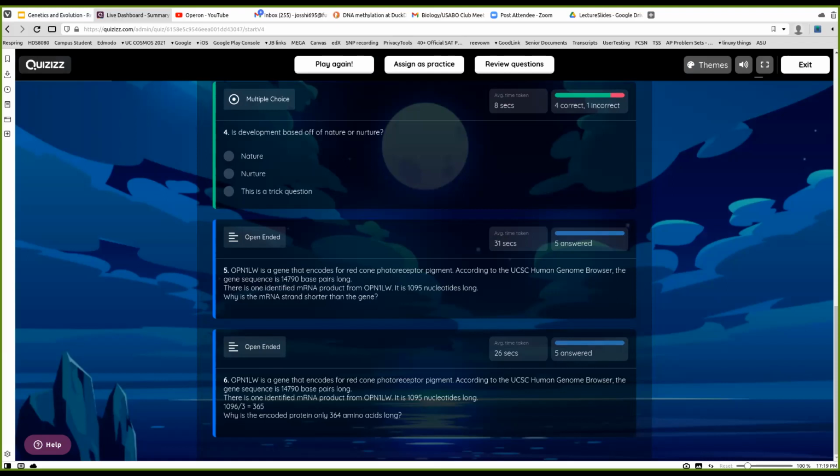The stop codon does not really play a part in the protein, so your final protein will usually be one amino acid shorter than the RNA strand, because it's not part of that final structure. Here, if you divide by 3, you'll have 365, but because of the stop codon, the final protein will only have 364. So those are the last two answers.